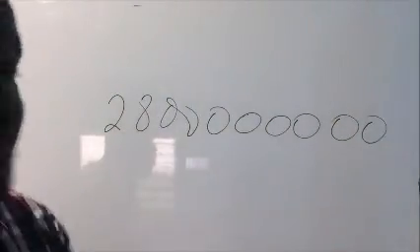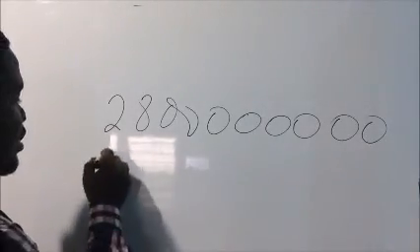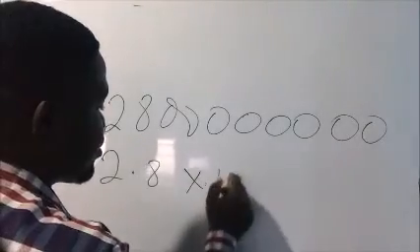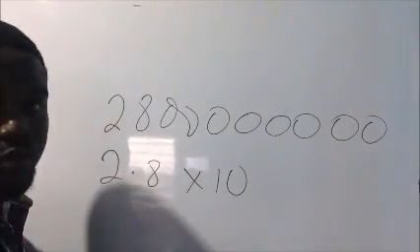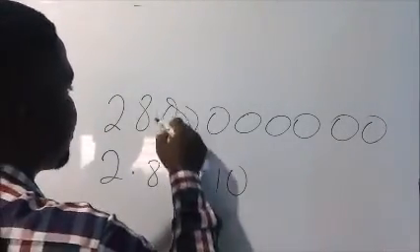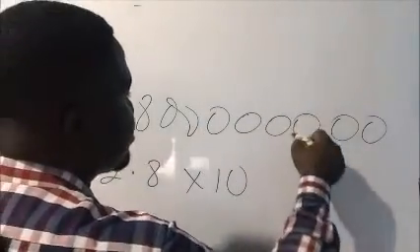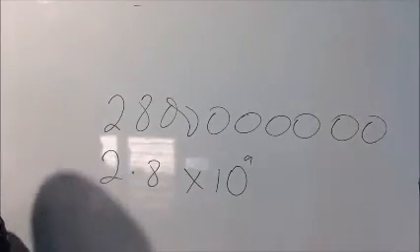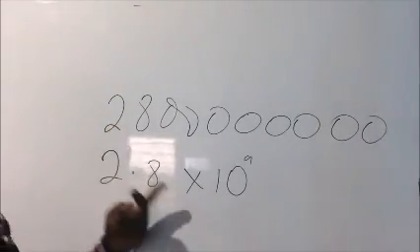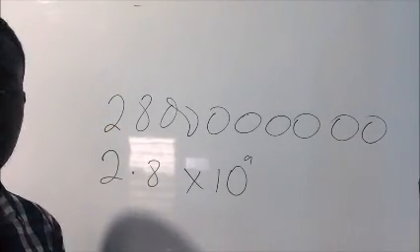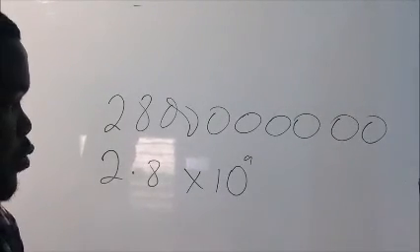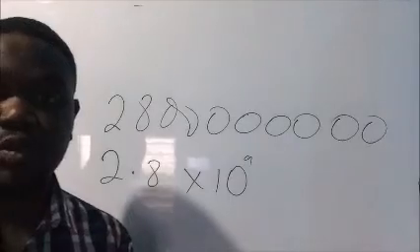You see how big this number is? I can simply write it as 2.8 times 10, and then how many? 1, 2, 3, 4, 5, 6, 7, 8, 9. So I'll just write to the power 9. I have written this number in standard form. Very simple.